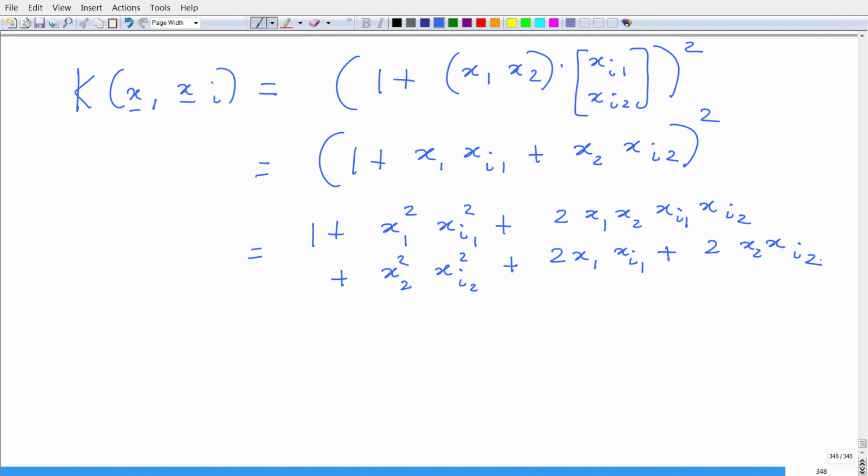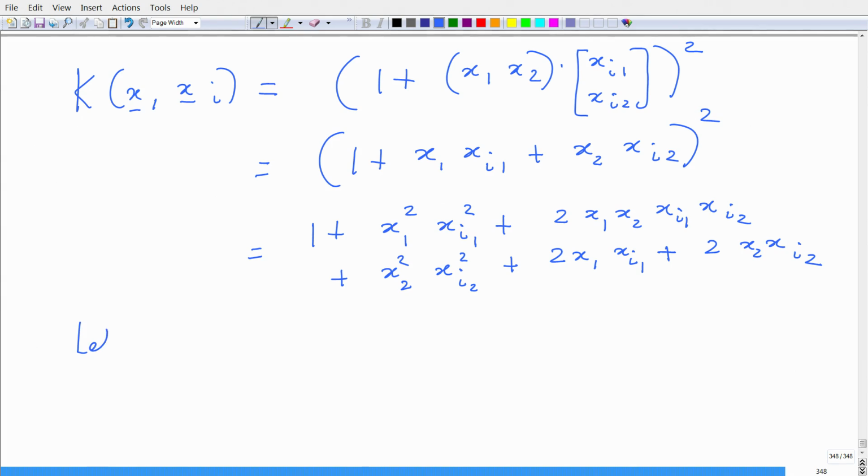I have totally 6 terms. I mean, you do the expansion (a plus b plus c) whole square, I get a square plus b square plus c square plus 2ab plus 2bc plus 2ca. Now just the way I did earlier, I treat this kernel as an inner product of 2 vectors, and that is what I need to do.